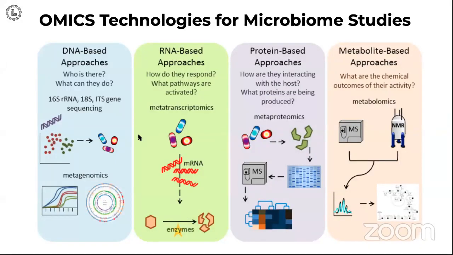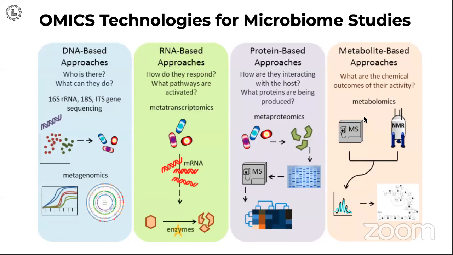Importantly, these studies and questions being answered about the microbiome have been a result of important omics technologies. These include sequencing technologies, sequencing of the DNA and the RNA, as well as mass spectroscopy, metaproteomics, and metabolomics.